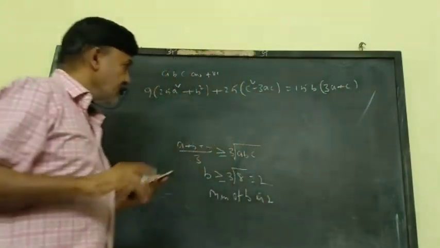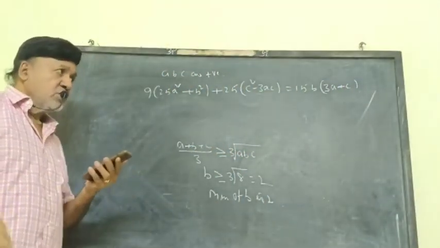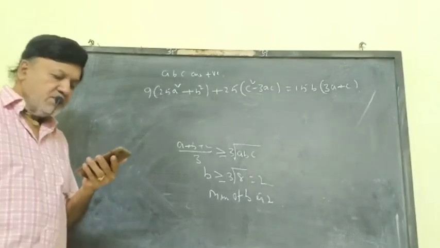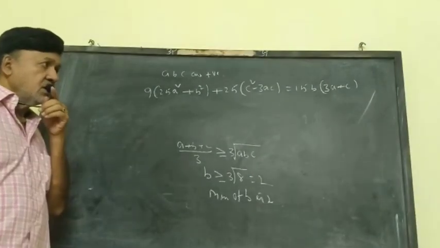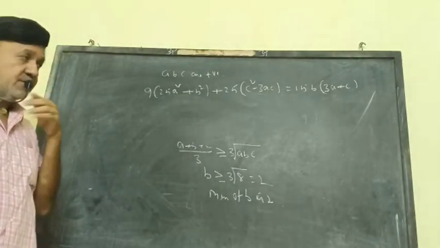Then show that B, C, A are in AP. You have to show that B, C, A are in AP.